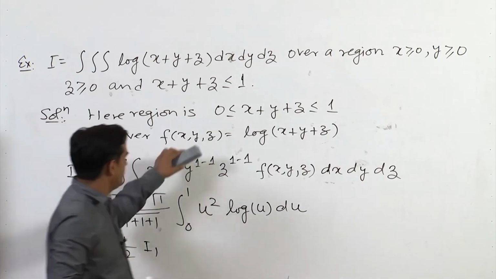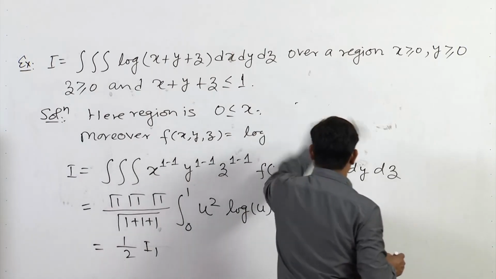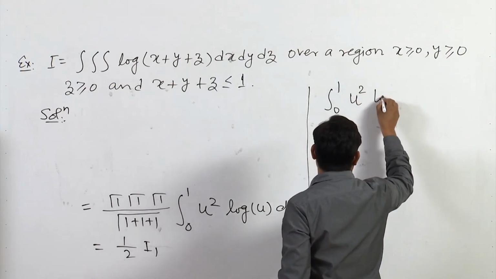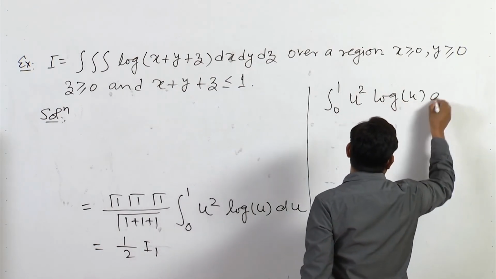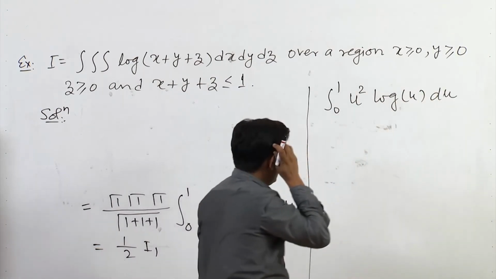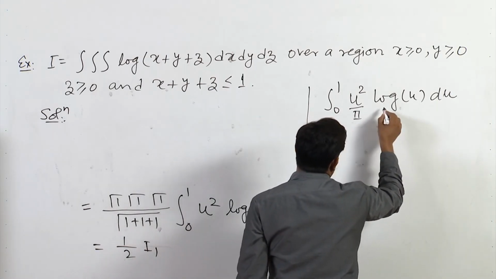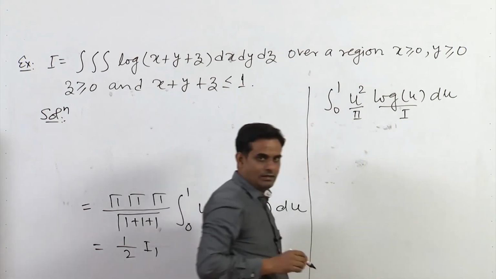So, now let us solve this integral. What will be the value of this? So, I am having integral 0 to 1 u square log of u du. So, let us do integration by parts. So, this is my second function and first function.